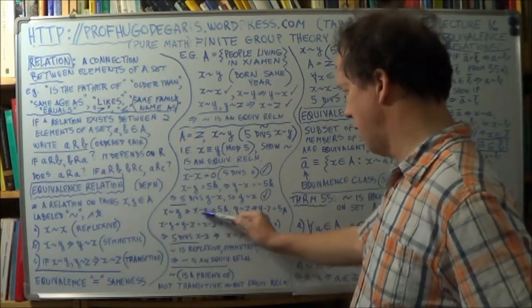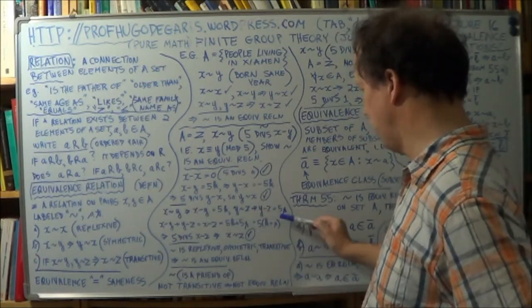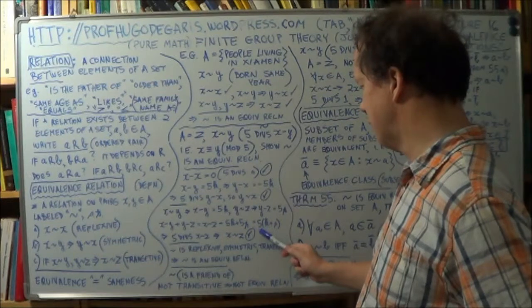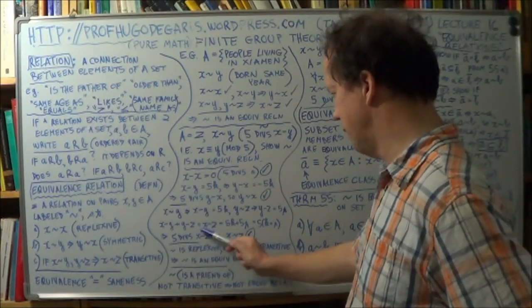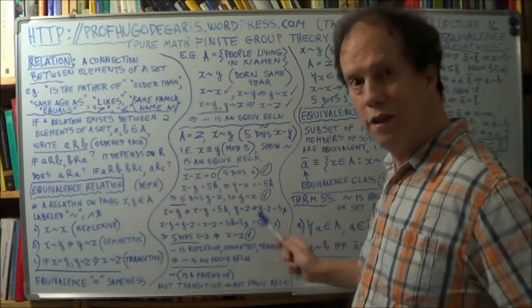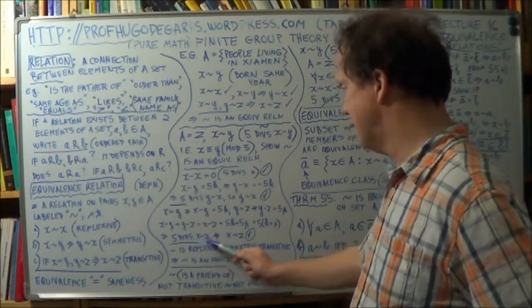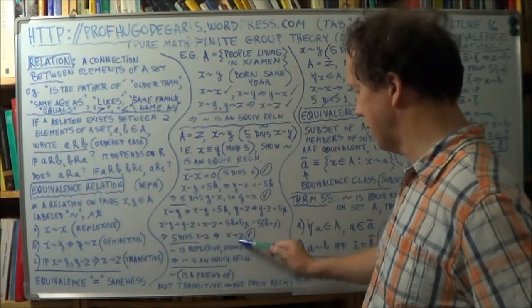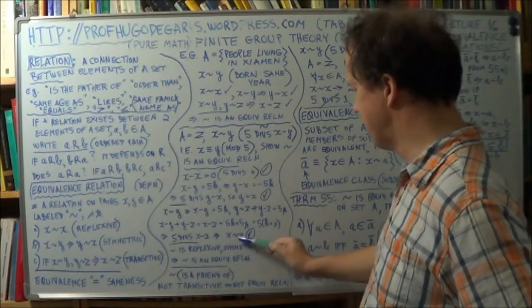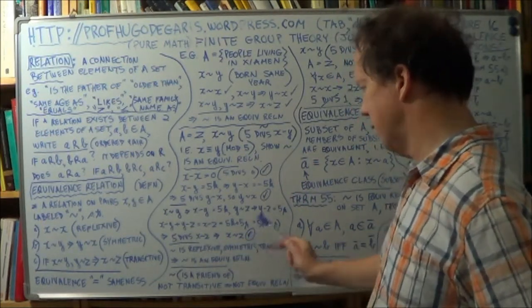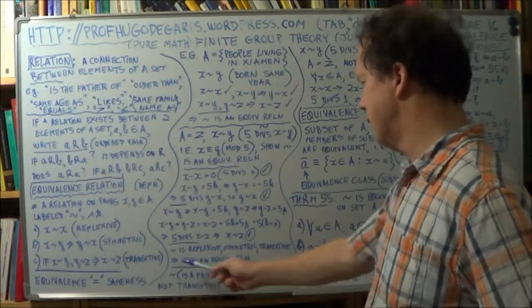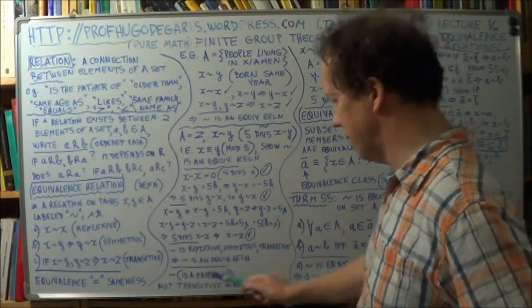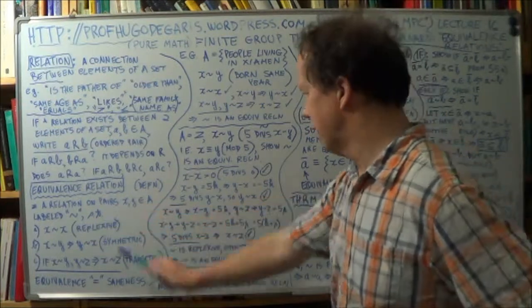Adding 5k plus 5p, that's 5 times k plus p. That means that 5 is a factor of this. So 5 divides x minus z, and that means this relation holds between x and z. Okay, so we've got transitive. So we've got all three. This relation is reflexive, symmetric, and transitive, and therefore it is an equivalence relation, because it satisfies all three properties.